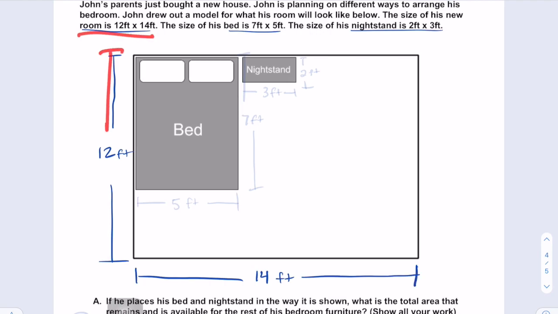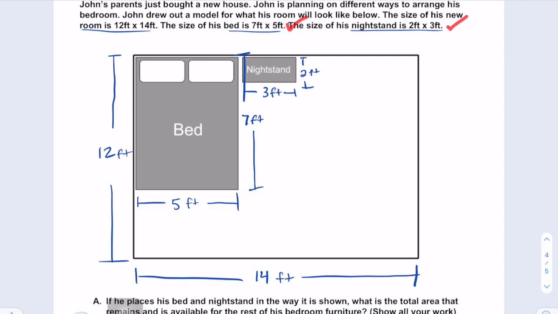I also know that the bed is 7 by 5 feet. Last but not least, I know that the side lengths of the nightstand are 2 by 3 feet. And now I have all my information labeled.